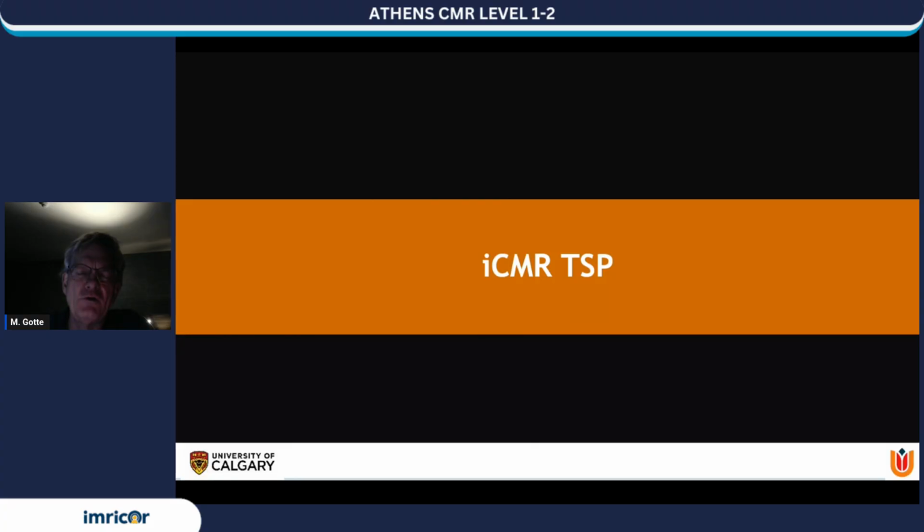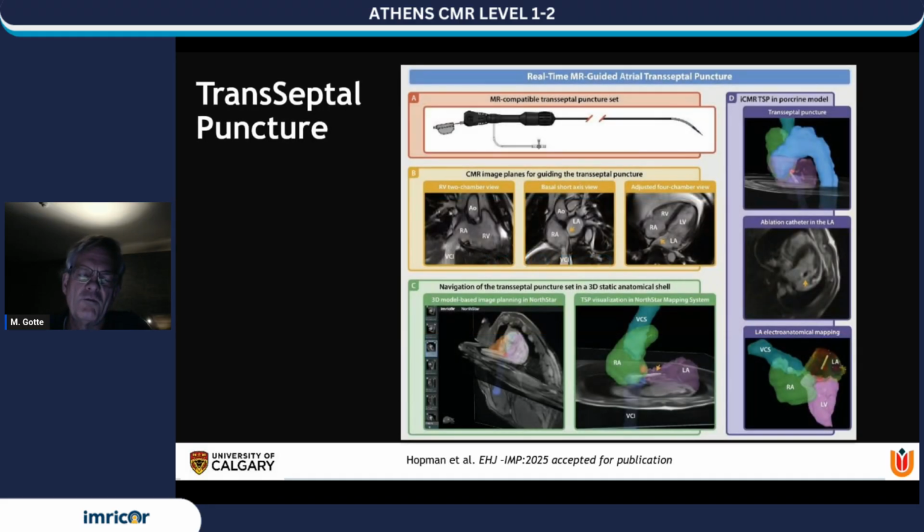If we start doing more complex procedures, we also have to cross the septum if we intend to perform left-sided ventricular ablation procedures. I already mentioned that there is an MR-compatible sheath with built-in coils.